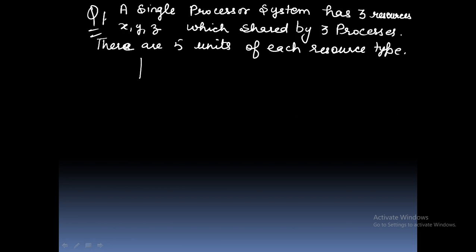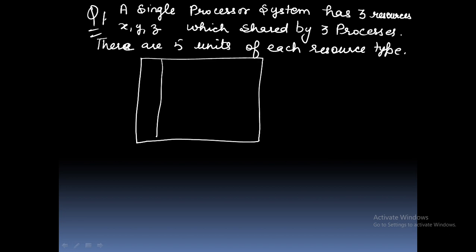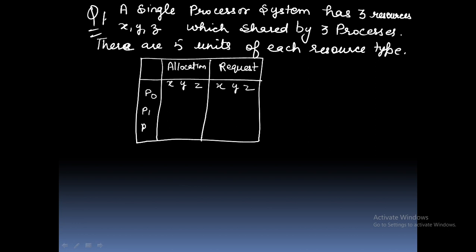We have been given this table. Allocation and request, with columns X, Y, Z, X, Y, Z, and rows P0, P1, P2.